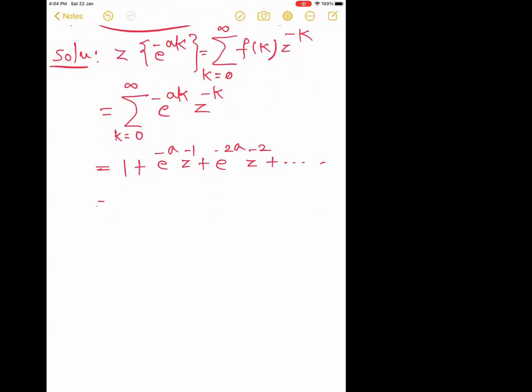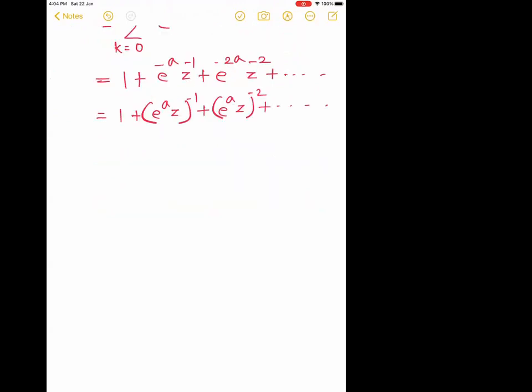Or you can have e raised to az raised to minus 1 plus e raised to az raised to minus 2. Can I write this series like this? I'm just taking the negative power outside the bracket.